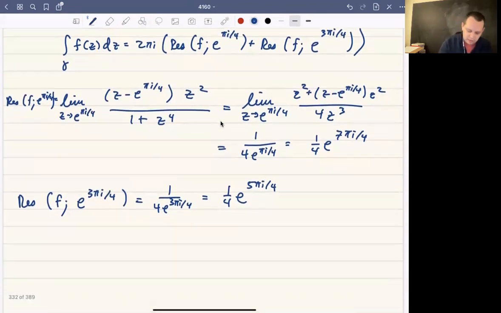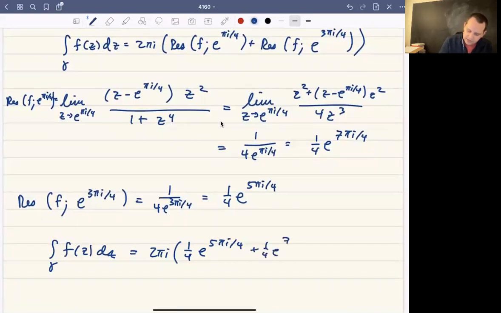So the entire integral over f is going to end up being 2 pi I times the sum of these residues. So 1/4 e to the 5 pi I over 4 plus 1/4 e to the 7 pi I over 4.